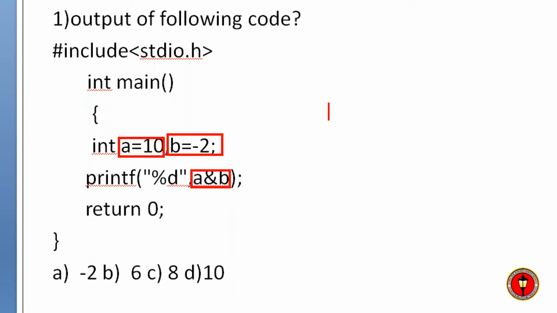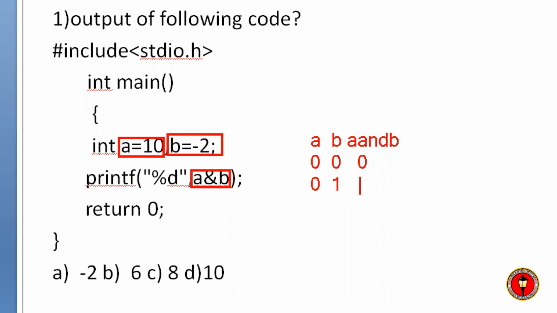Once you know the truth table of the bitwise operator, there are inputs A and B, and then A AND B. I'm writing here. If the bits are 0, 0, then A AND B will be 0.